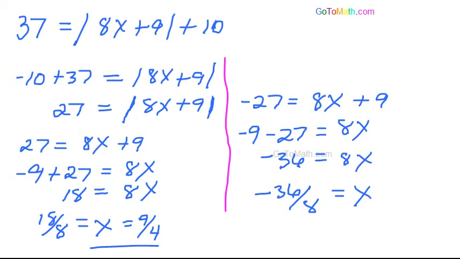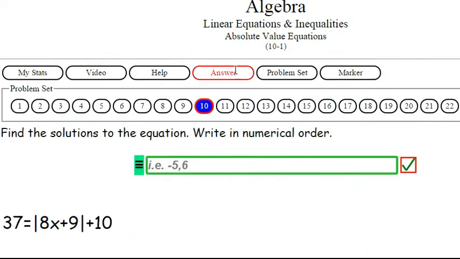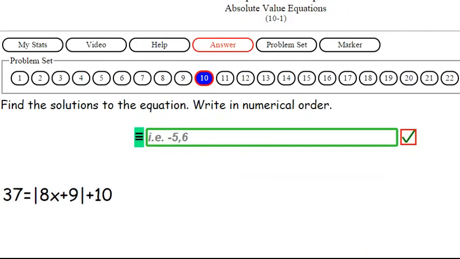Instead of multiplying through by the reciprocal to both sides, we got to shorten some things down. So I got negative 9 halves. Boy, that's a big negative sign, isn't it? Alright, so here's our two solutions, 9/4 and negative 9 halves. So let's go back. 9/4 and negative 9 halves. Can we remember that? Try to.